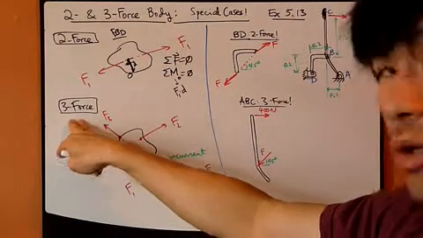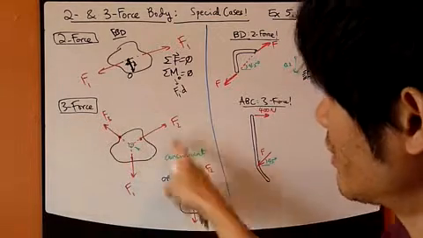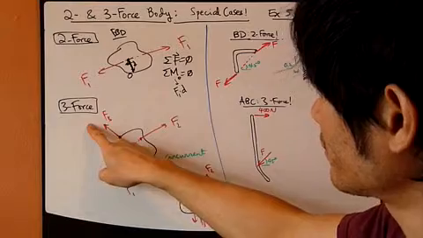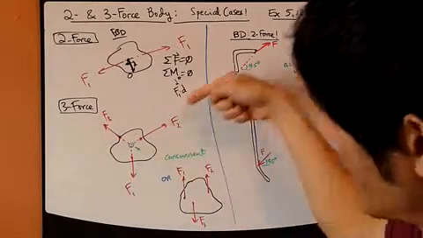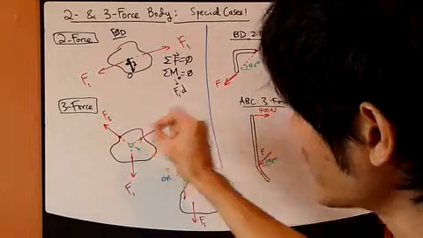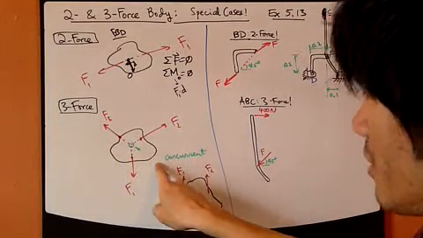If it's subject to three forces, there are two possibilities. The first is like this. F1, F2, and F3 must be concurrent, which means that the line of action of these three forces must meet at the same point. Concurrent.